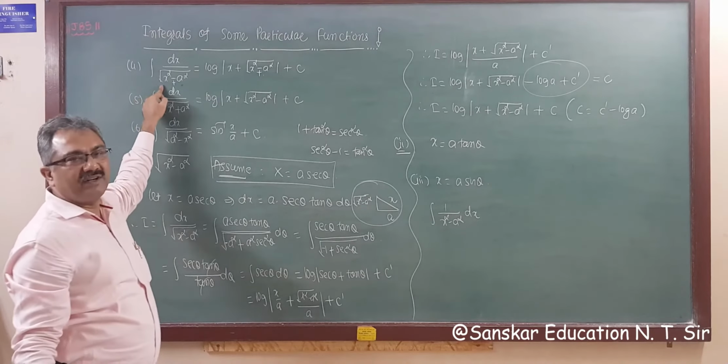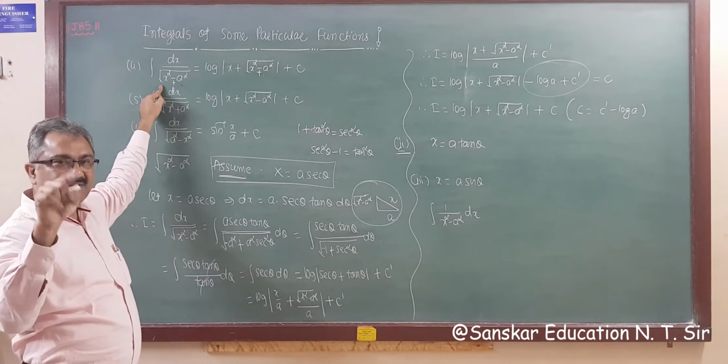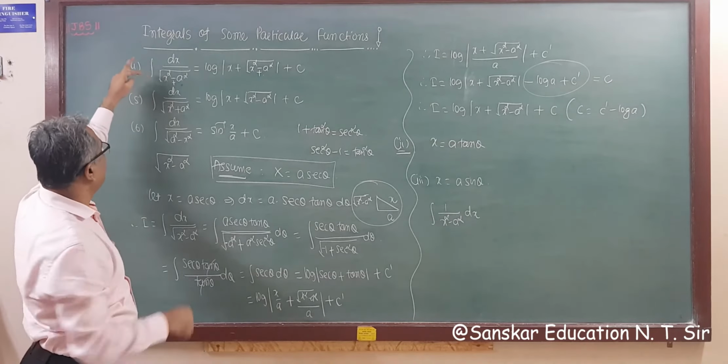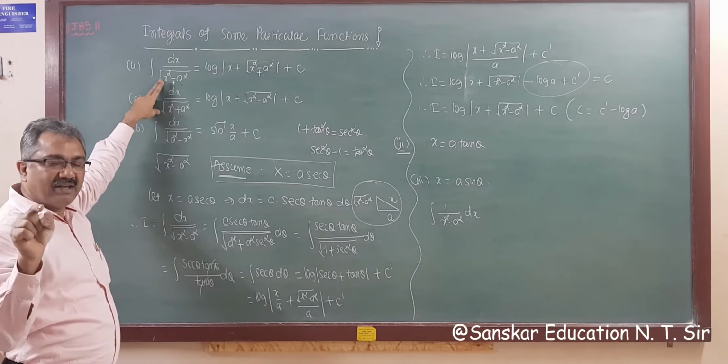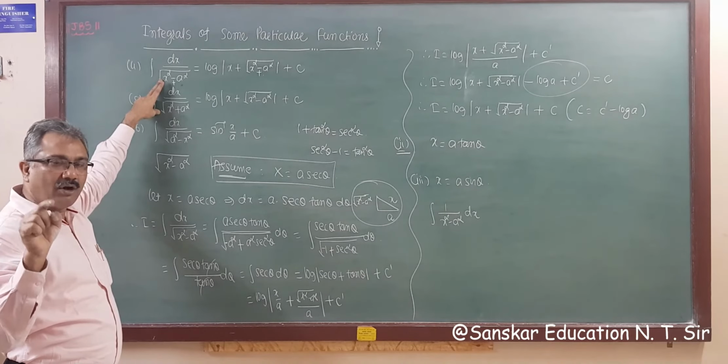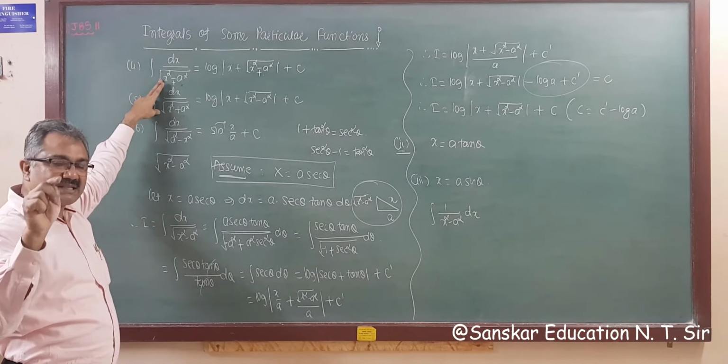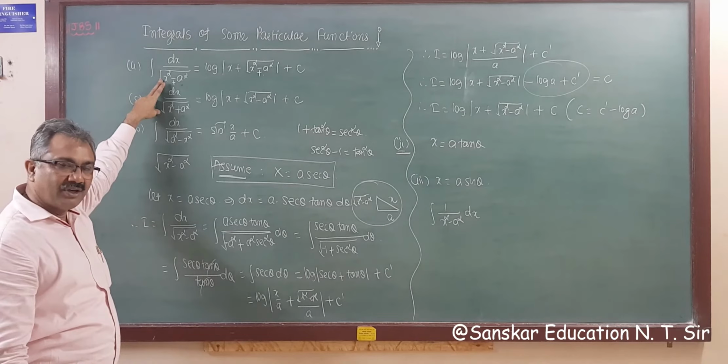So you have to remember only one formula: under root x square plus a square, either x square minus a square, the answer will be log mod x plus the square root as it is, right?